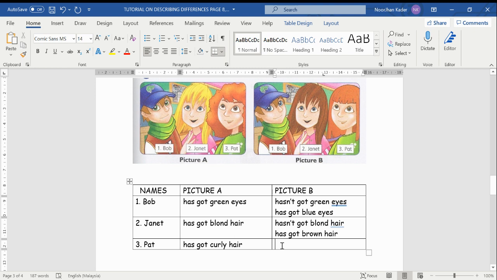So how are we going to refute the sentence for Pat in picture A? Firstly, you have to refute the sentence describing Pat in picture A. So refute that first. Hasn't got curly hair.